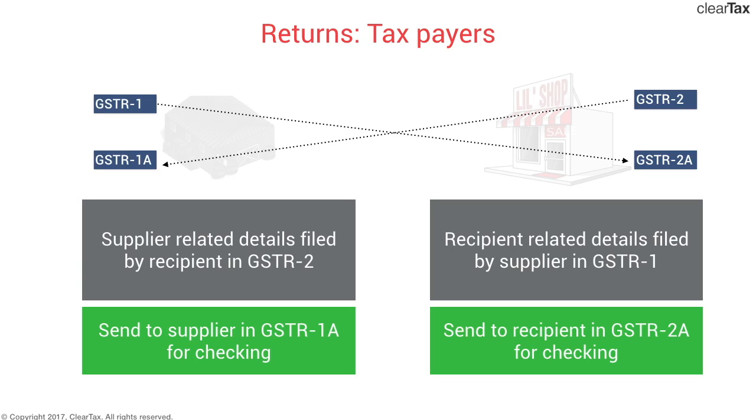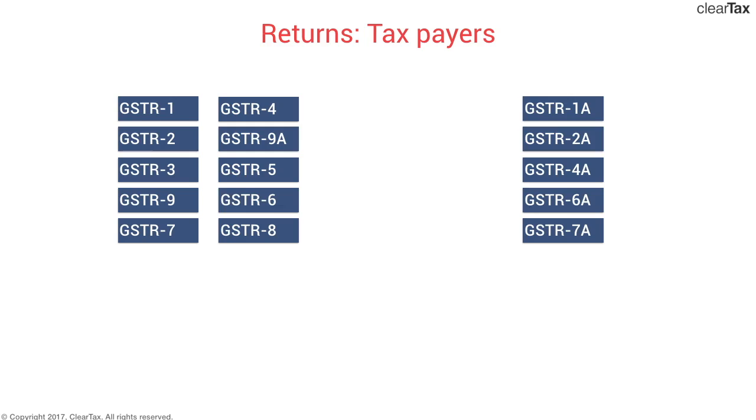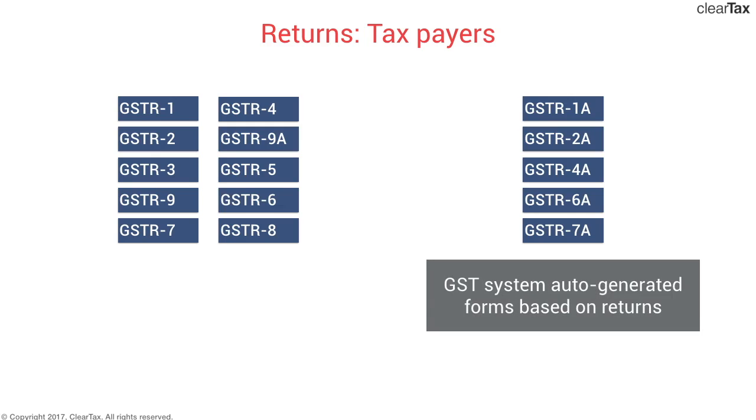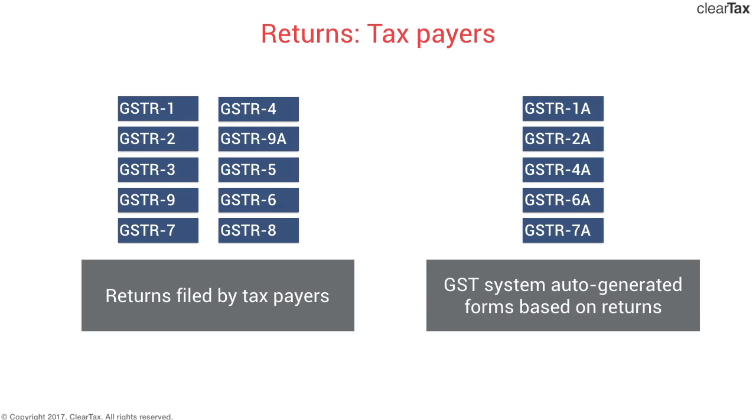Let's not get into the details of what GSTR 1A and 2A send because they are auto-generated and it does not matter because you don't have any action on your end to generate these forms. Just for your information, here's a laundry list of all the system-generated forms 1A, 2A, 4A, 6A and 7A. We've discussed the first two, the remaining three in the coming videos.